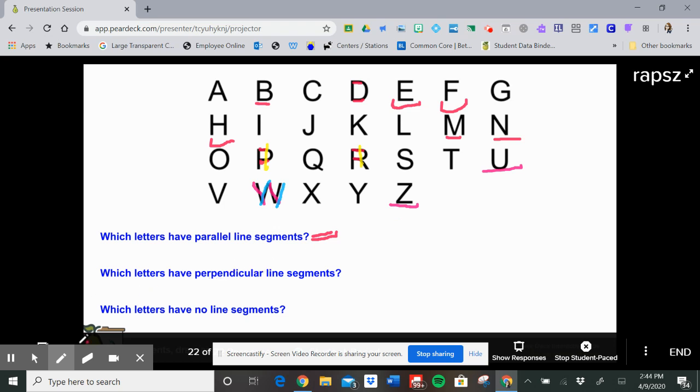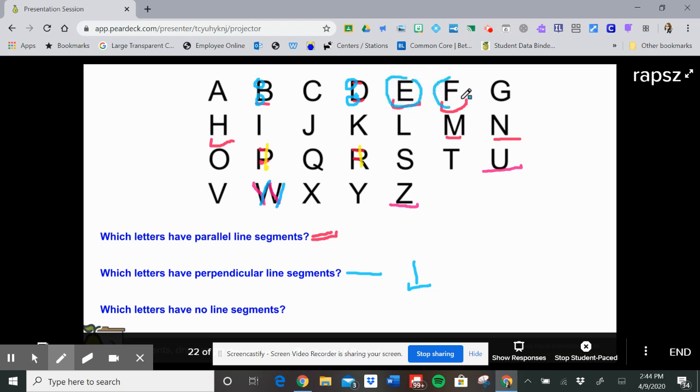Then for which have perpendicular line segments, let's make that one blue. And perpendicular again means that it forms that right angle. If you're looking just at this part of the B, those do make right angles. Same thing with our D. E is easy to see perpendicular.